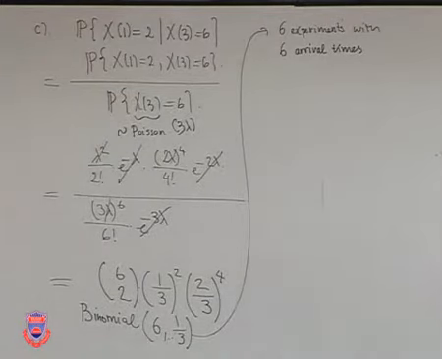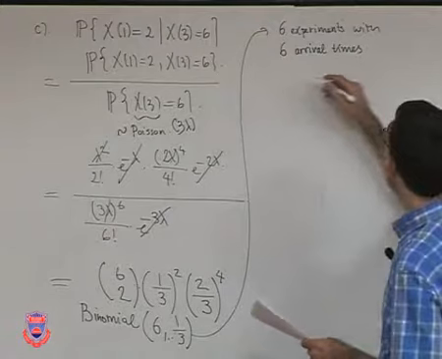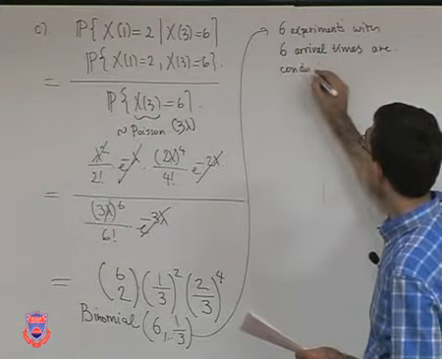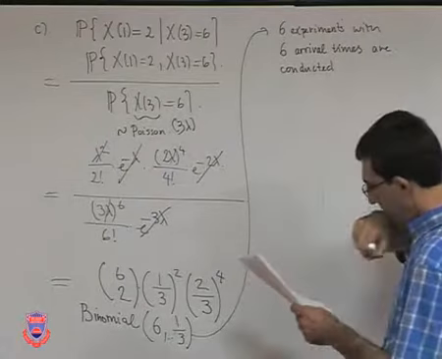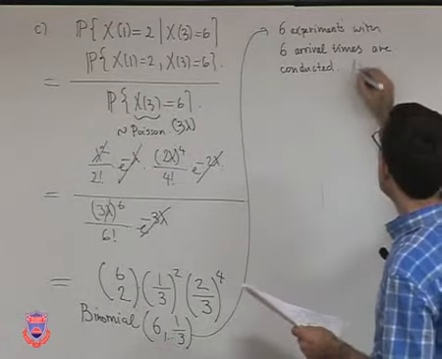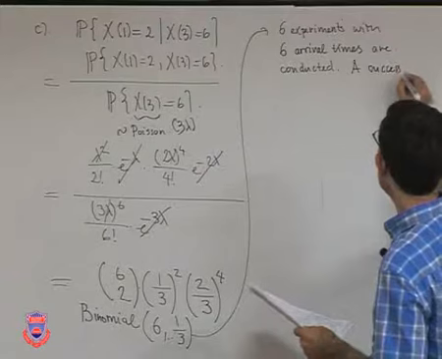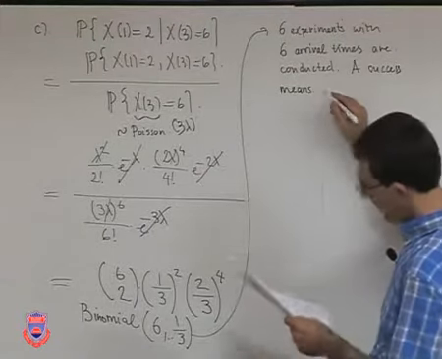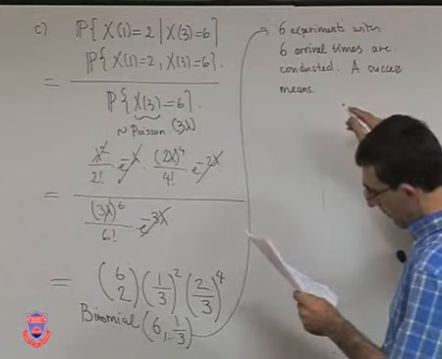And what are you doing with these arrival times? So 6 experiments with 6 arrival times are conducted. And in this case, a success means, okay, let me see.